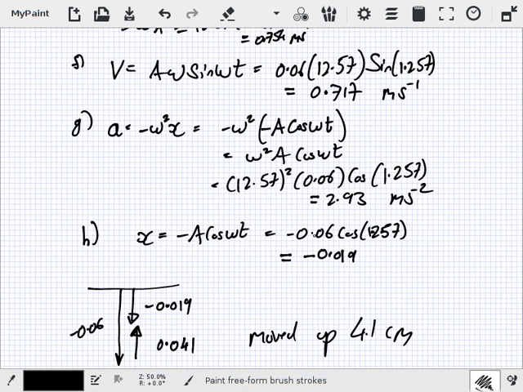Okay, so this was a hard question. It was a section B question a while ago, I think. More zooming out.